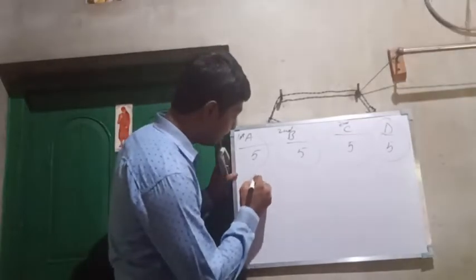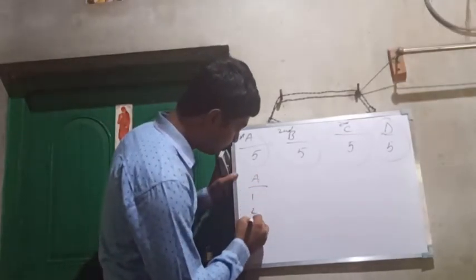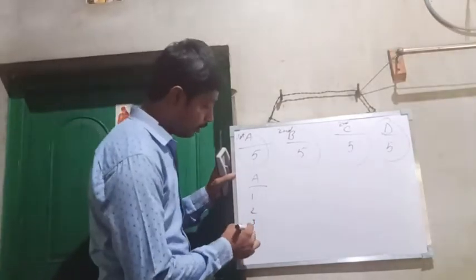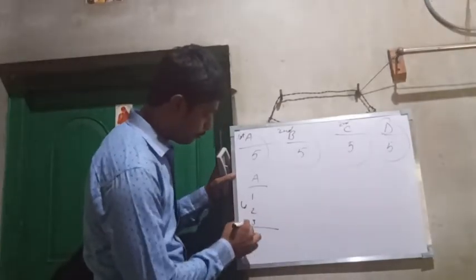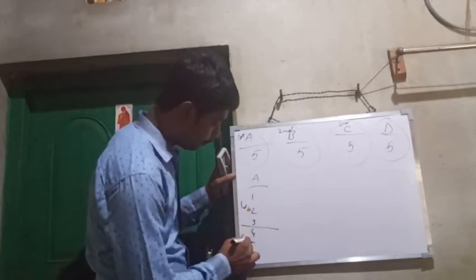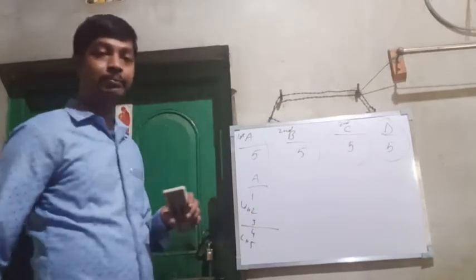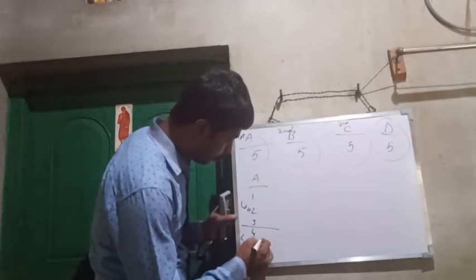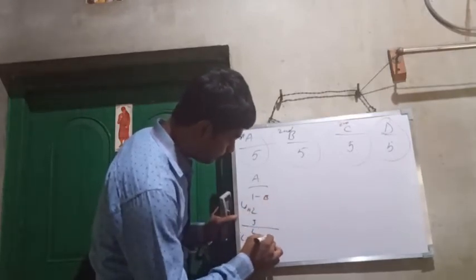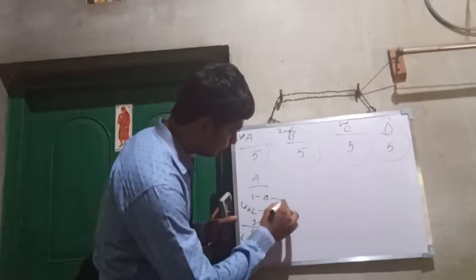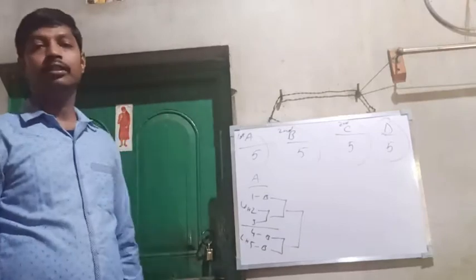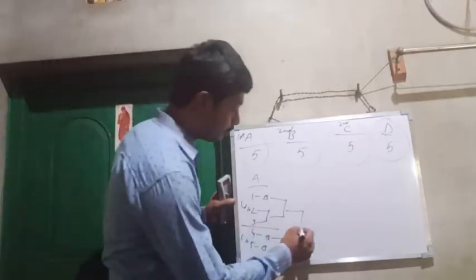First, group A will play: 1, 2, 3, 4 and 5. Then this is the upper half, this is the lower half, and as it is 5 teams, the next power of 2 is 8, so there will be 3 byes. And this is the ultimate winner.